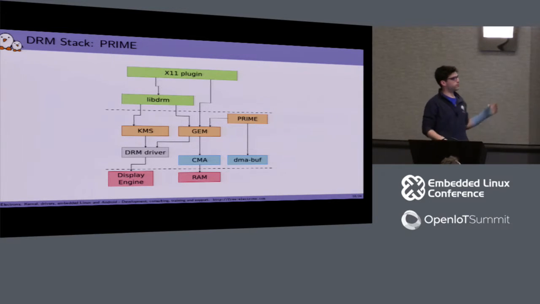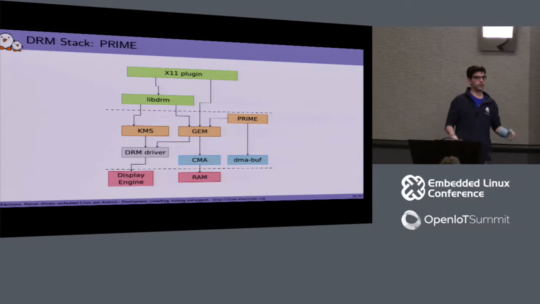Basically, Prime is made to be able to share GEM buffers among several devices. So there's a default implementation when you rely, once again, on GEM and CMA to be able to just have Prime and DMA-buf working. So you usually don't have anything to do except if you have some fancy memory model.